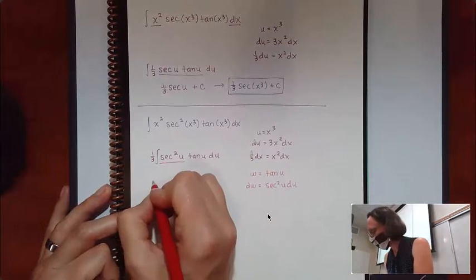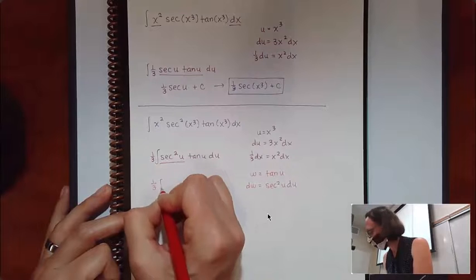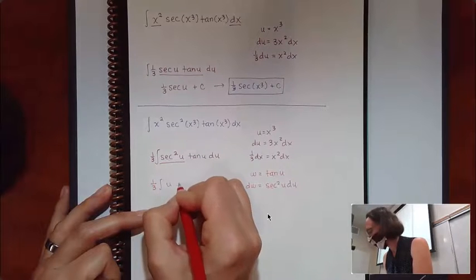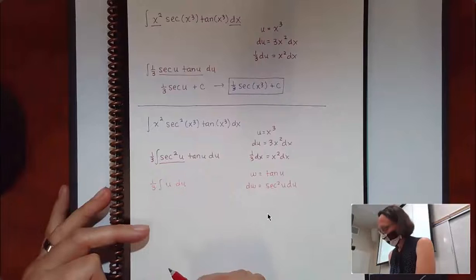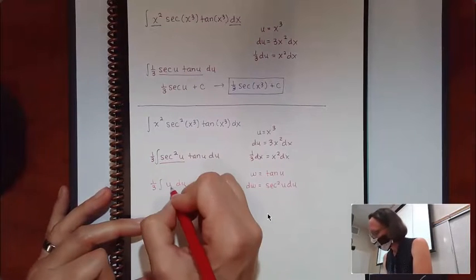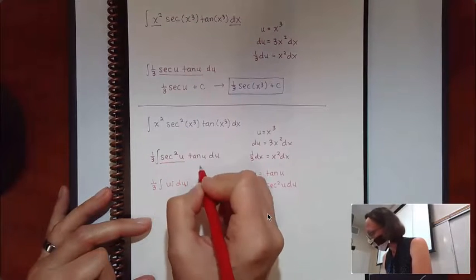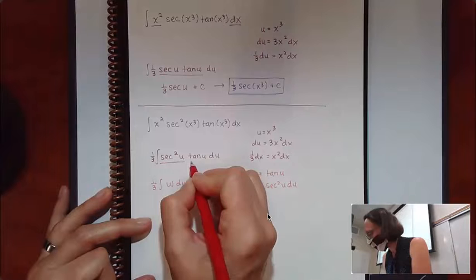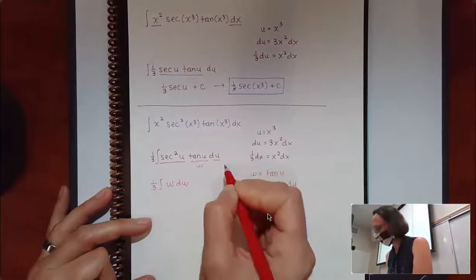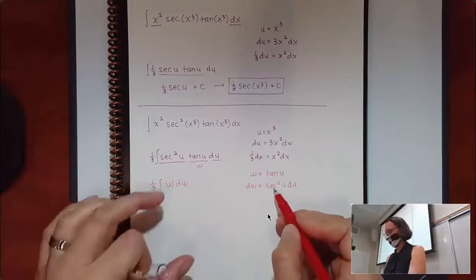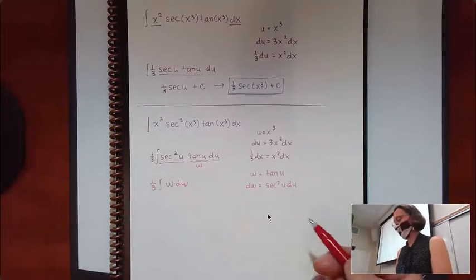So now this would be 1/3 times the integral of u du. Sorry, w dw. Because the tangent of u would be my w. And the secant squared u du would be my dw.